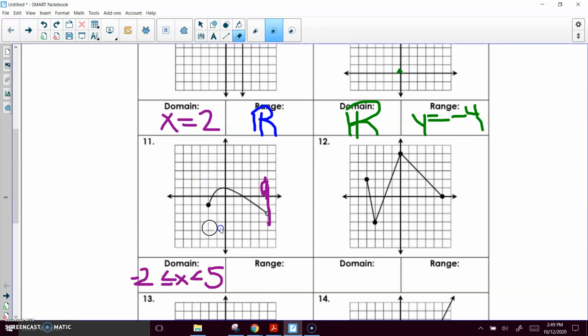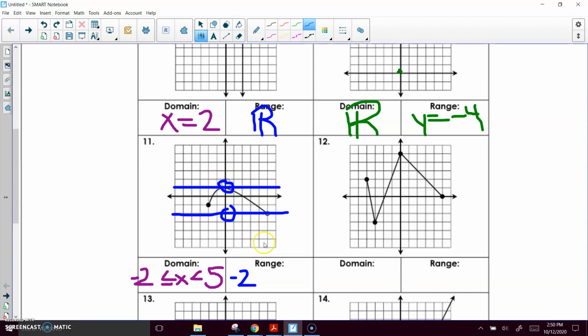I'm going to erase these marks here to help us see a little bit better for our range. My range, okay, bottom to top or top to bottom. This is as high as my graph goes. And this is as low as it goes. So my low value corresponds with -2 on the y-axis.